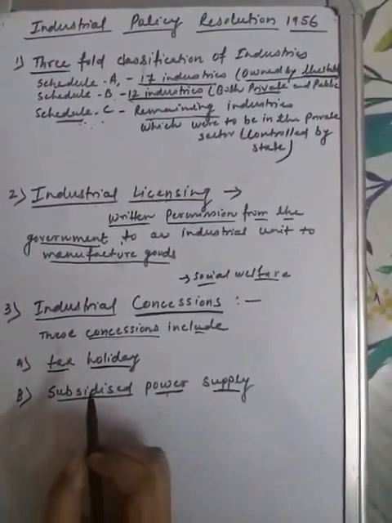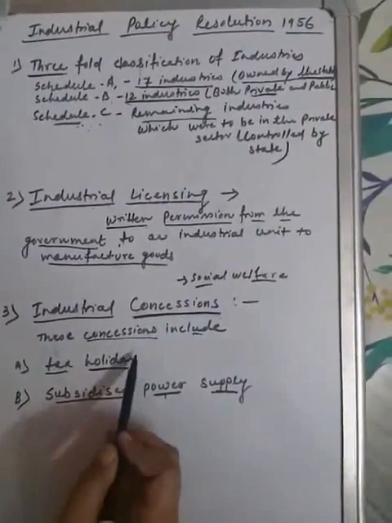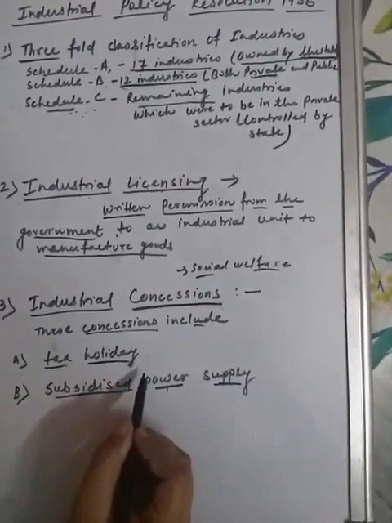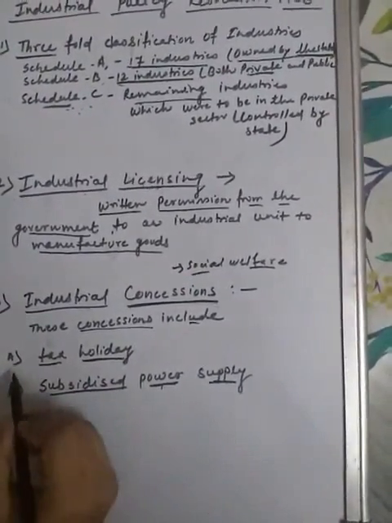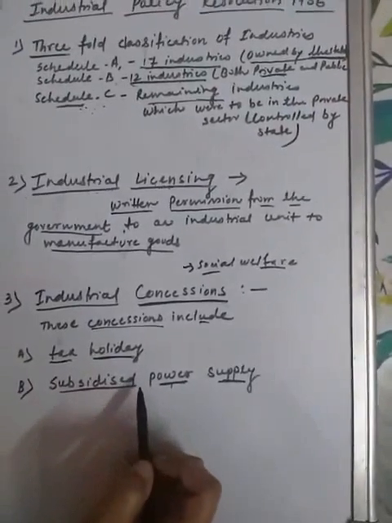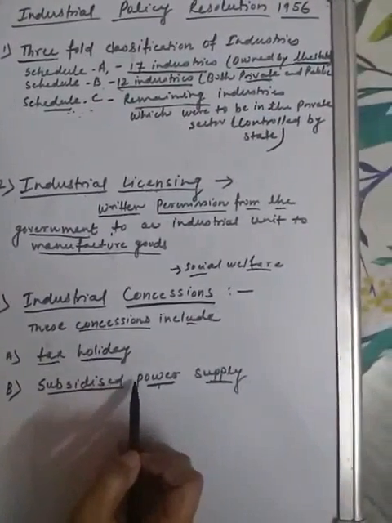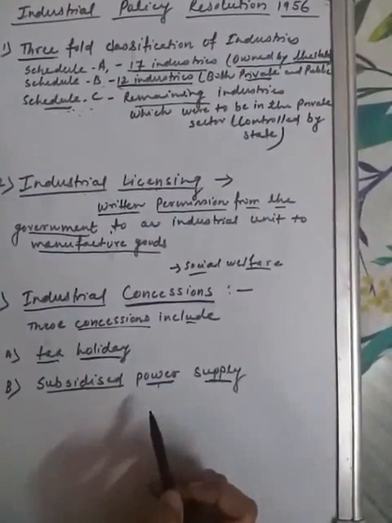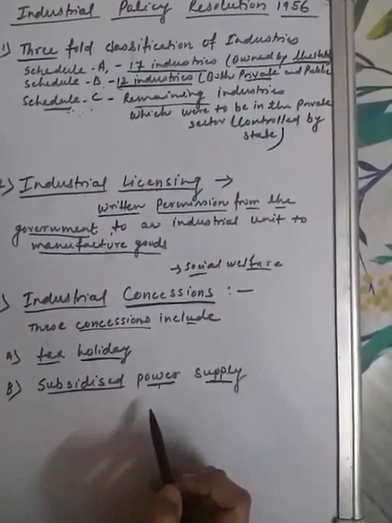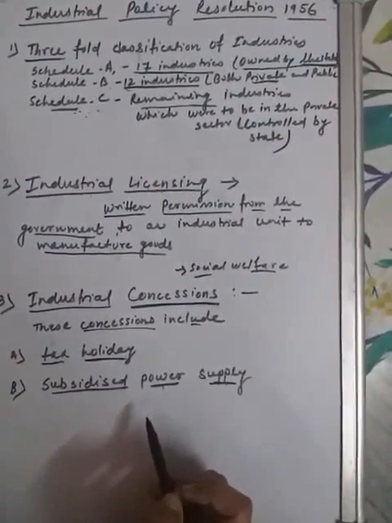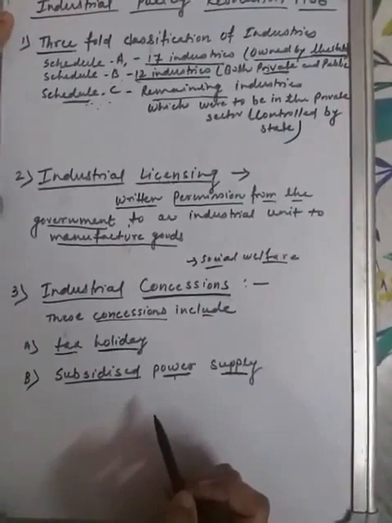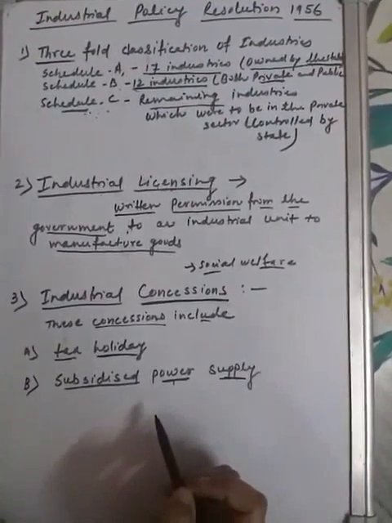That is why the government offered concessions to private investors so they can set up their industry in backward regions. Through this, the objective of the government, social welfare and social equity, can be achieved. These are the major policies taken in Industrial Policy Resolution 1956.